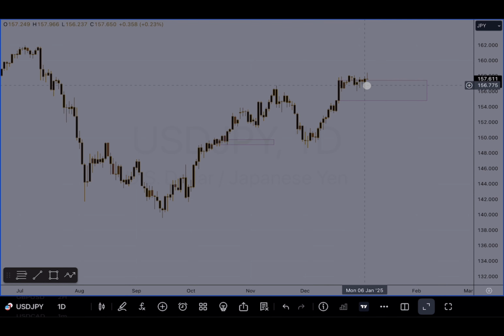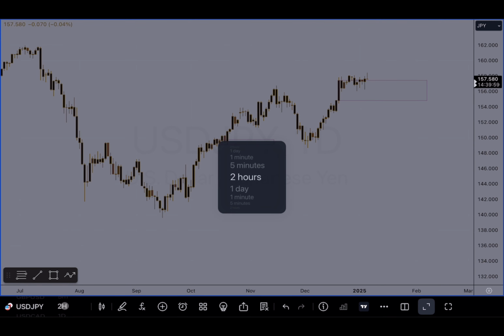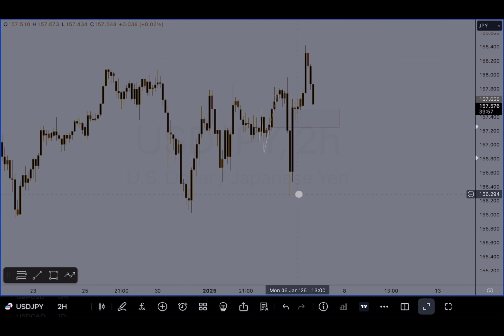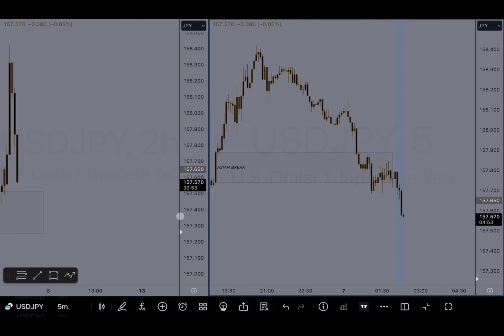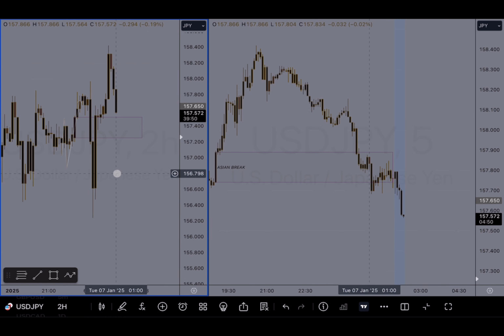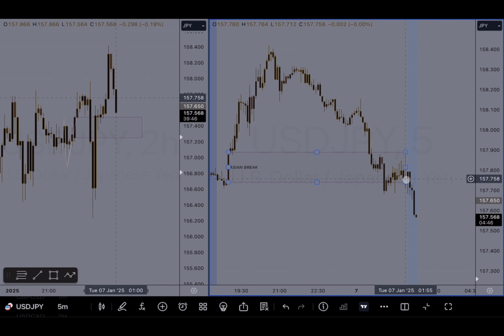So actually what we're going to do, you guys, let's go back and go down to our 2-hour chart, and we're just going to leave this one also to wait for the London initial balance to form.